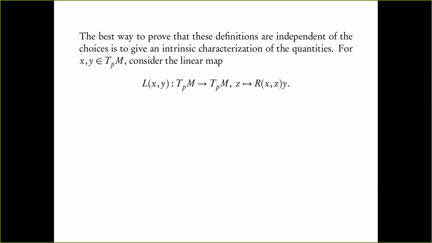Well, what does it do? It sends a vector z to R of x comma z acting on y. To make sense of R of x comma z acting on y, you have to extend x, z, and y to local vector fields, and then this is simply the Riemann curvature acting on y and then restricted to P. But as you have seen, the extensions don't matter when you calculate. So that's why this is a well-defined thing.